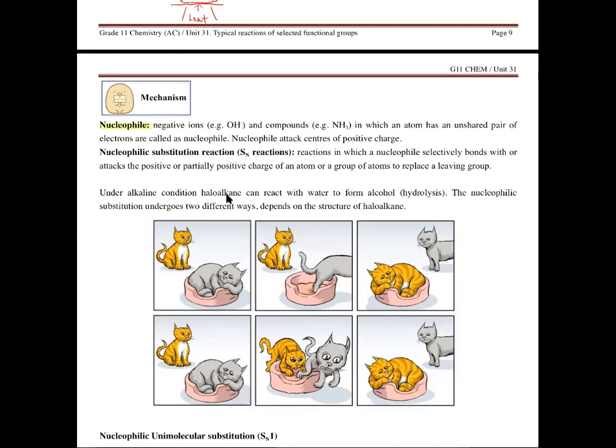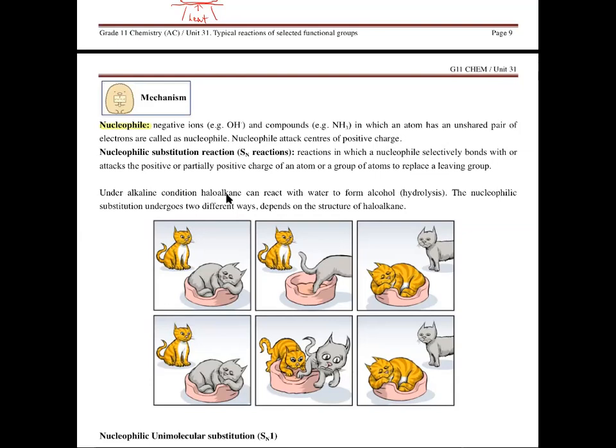So they can work as nucleophiles. And because they have those unshared pairs of electrons, they will be able to potentially donate those electrons. So it would attack the center of positive charge or partially positive charge. And that's for nucleophile.